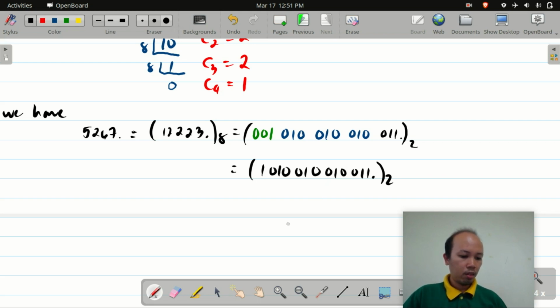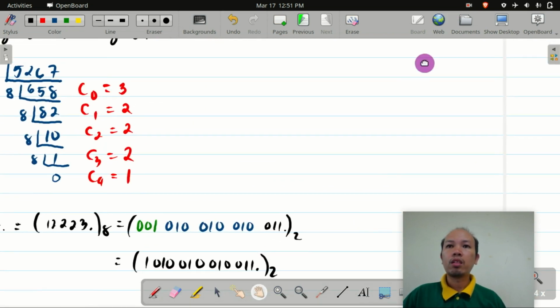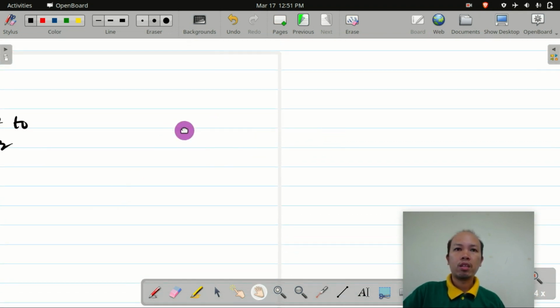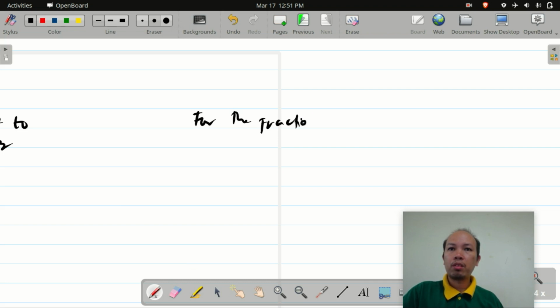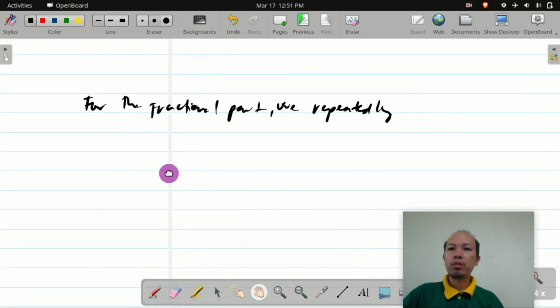Okay, so for the fractional part, just like the method before, we repeatedly multiply by 8.